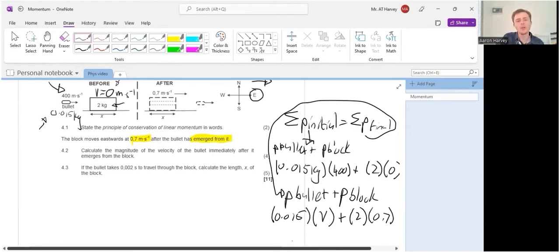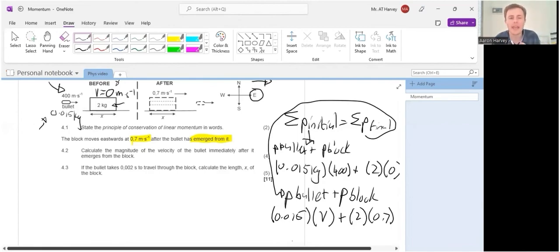Now, because they told us that the bullet is moving east, and then the block moves east, both of our velocities are going to have the same sign. Whether they're both positive or negative, that is up to you as the person answering the question.